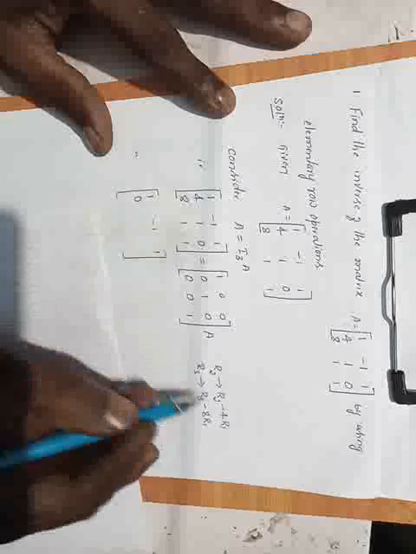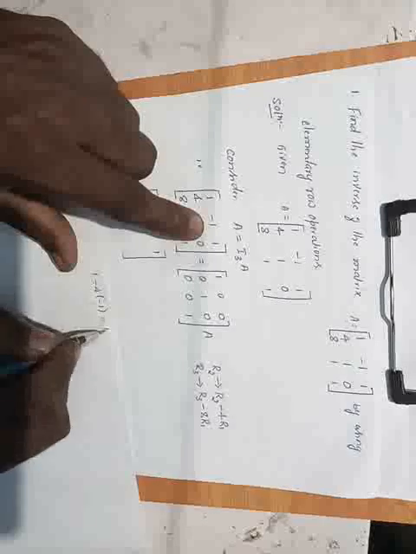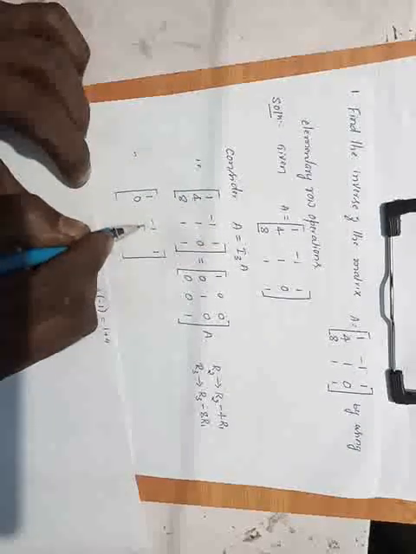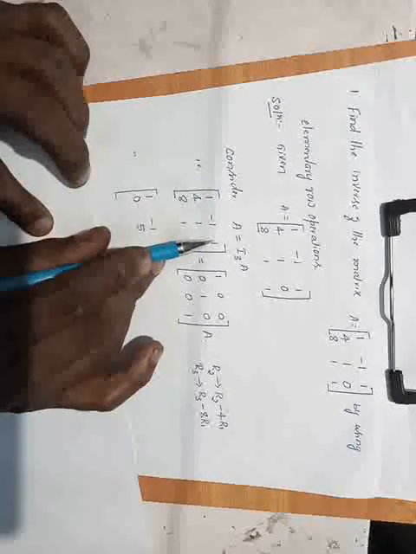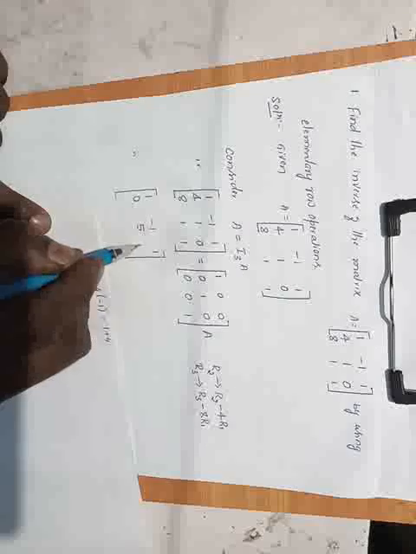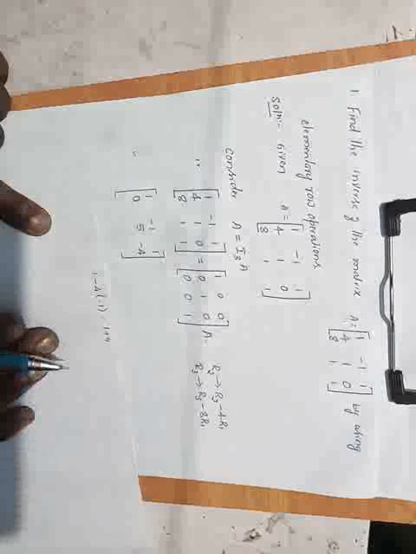So R2 means 1, that is 1 minus 4 into the element above that one, so 1 minus into minus plus we get 4. 1 plus 4 becomes 5. Next, 0 minus 4 times 1 is minus 4. This is what we get after doing this operation.